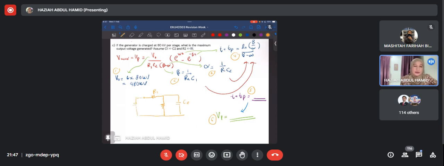So during charging, C1 discharge tapi dia akan charge C2, dia akan flow macam ni kan, charge C2. Dia akan charge C2 sampai C2 dah reach the maximum point tu, maximum output tu, dan dia akan discharge it through R2.